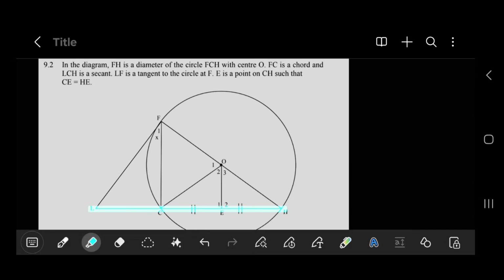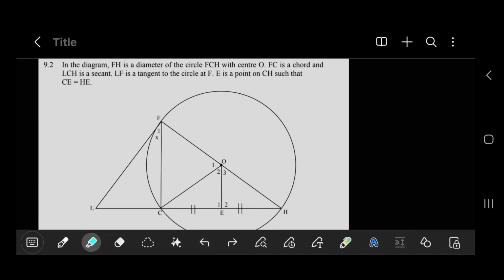The difference between a chord and a secant is that the chord goes from one end of the circumference to the other but does not pass through the circle. The secant here goes through the circle and it actually exits the circle. So notice the LC part here is outside the circle. That's what makes it a secant.